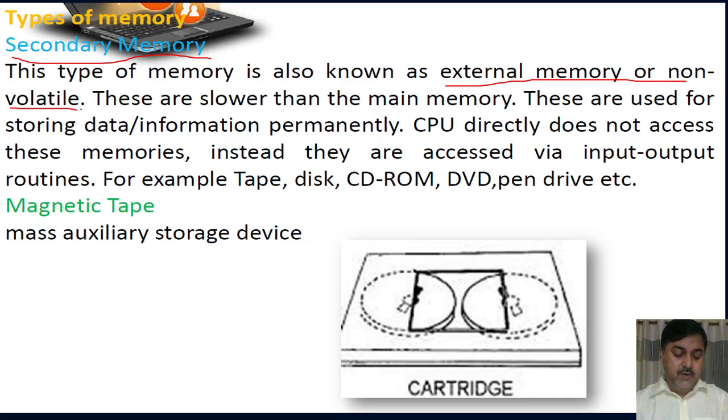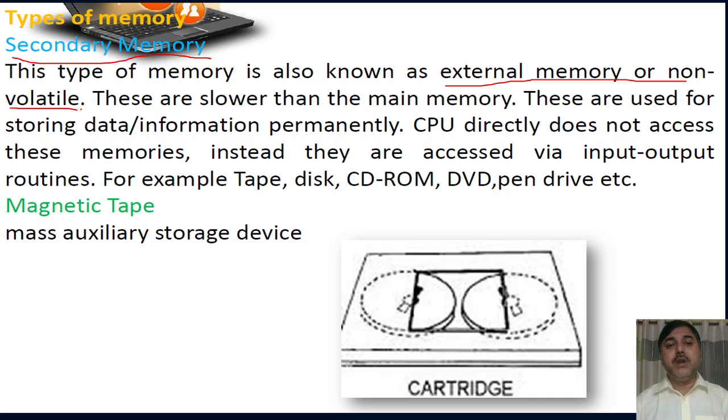And non-volatile is that pattern of memory where the data will not erase if you switch off the power supply. This memory is slower, isn't it? It is used for the storage of data and information, which are stored here in a permanent way.